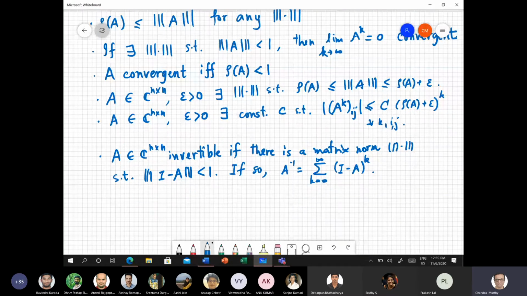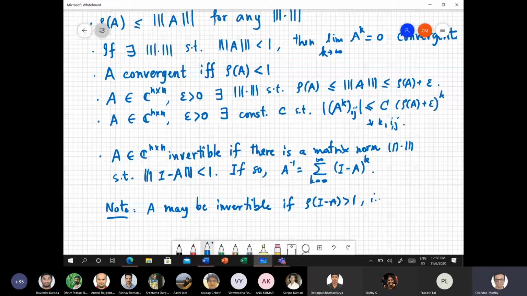So about this, I made a note in the last class that A may be invertible even if, say, rho of I minus A is greater than 1, i.e., norm of I minus A is greater than 1 for all matrix norms.